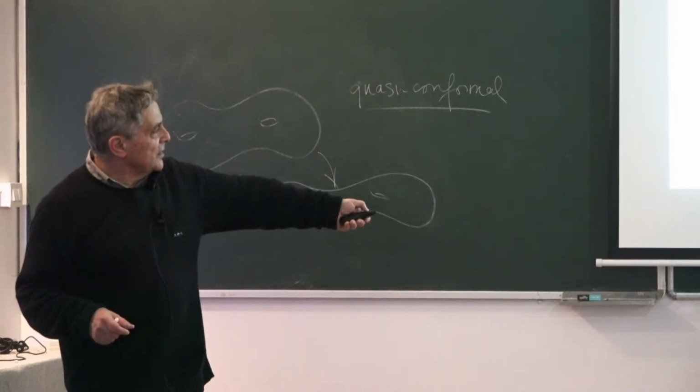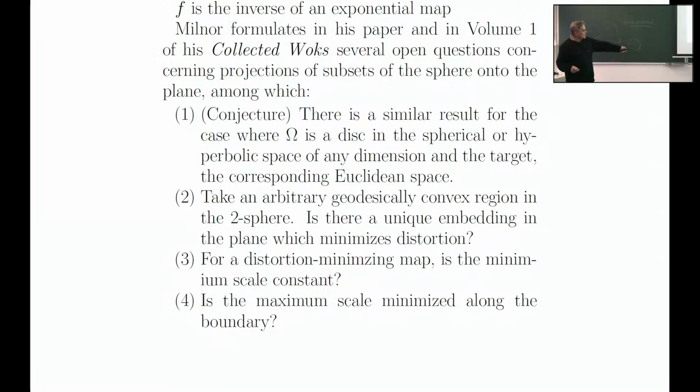So here, Milnor is asking an analogous question. I don't think he had quasi-conformal theory in mind, but he is asking the same question. For a distortion minimizing map, is the minimum scale constant on the whole surface? And number 4, is the maximum scale minimized along the boundary? It's motivated by potential theory, in fact.